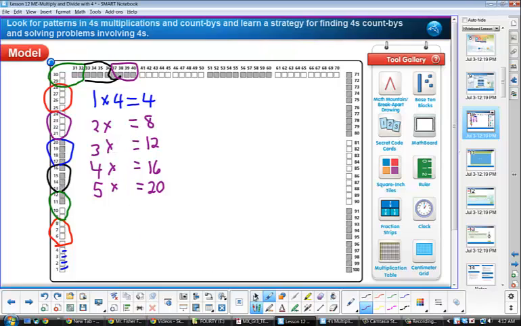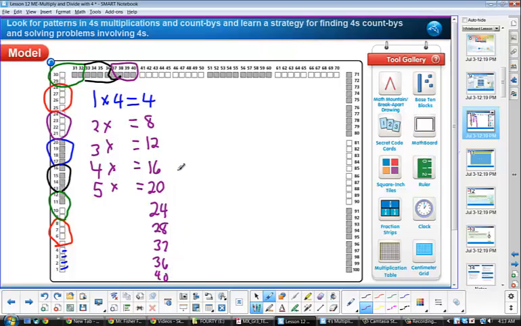Some of the patterns you might also see include, look at this pattern, 4, 8, then it goes 2, 6, 0. Then what it goes back to is 4, 8, 2. In the ones column, it continues. If you can see that, it goes to 24, 28, 32, 36, and 40.